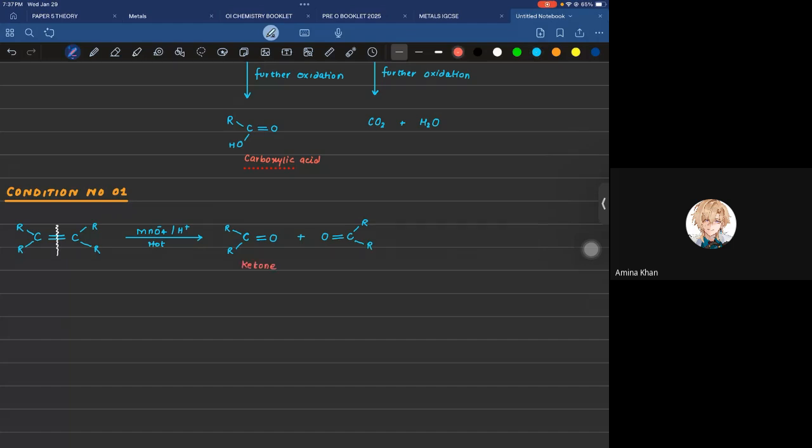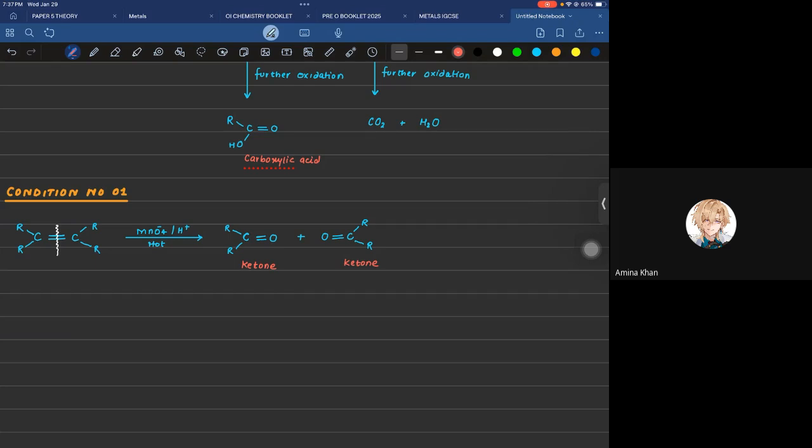So if you have two R groups on the double bonded carbon, तो कीटोन बनेगा. क्या बनेगा? कीटोन बनेगा.